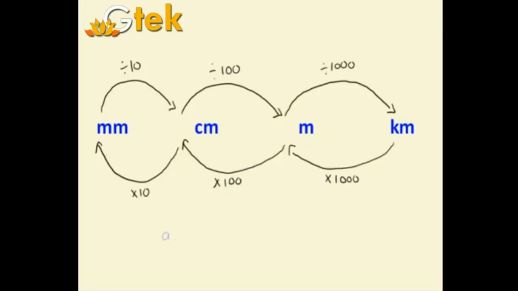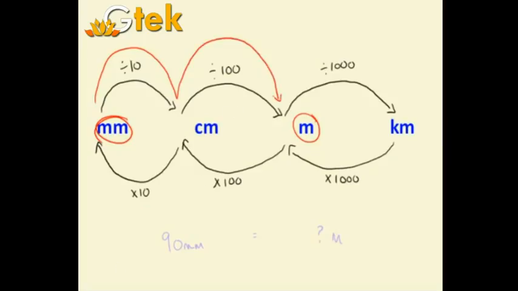Now let us consider 90 millimeter. 90 millimeter should get converted into meter, right? So millimeter to meter is one time we have to divide the value by 10, another time we have to divide it by 100. So 90 point, how many zeros do I have to make out?